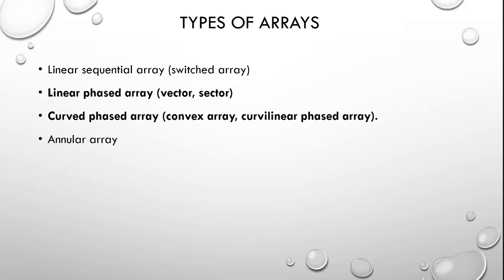The ones we're familiar with today, the linear phased array, which we call the vector or sector probes, the curved phased array probes, which are convex curvilinear array probes. I guess I should have on here the linear phased array, which is also a linear probe. It doesn't necessarily make a vector or sector image. And annular array probes, and those are, again, the sequential and the annular are obsolete.